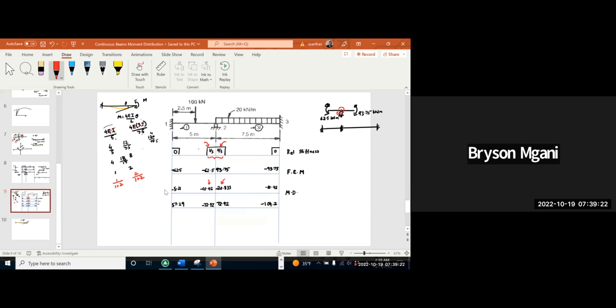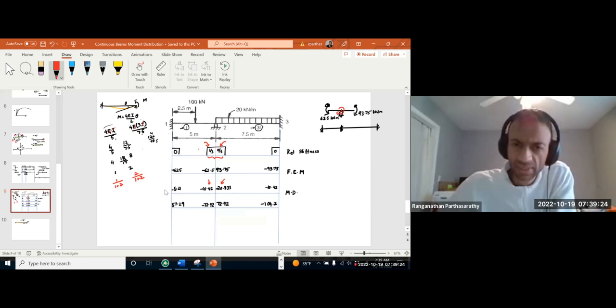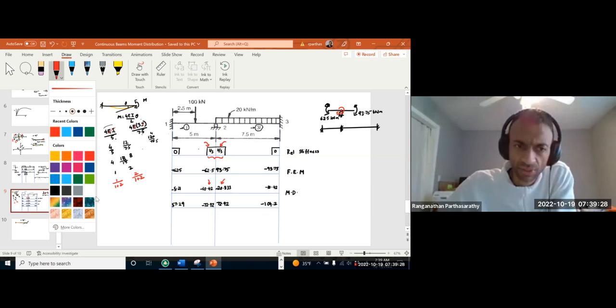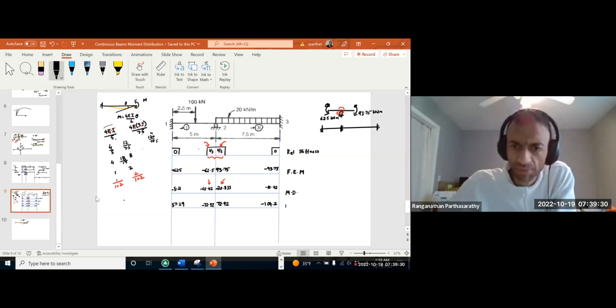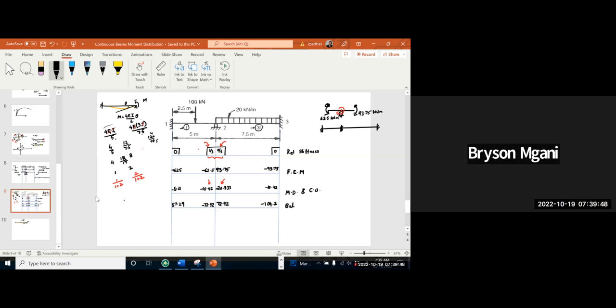So last line, we are again trying to see what is the balance. We have done one moment distribution and carryover, and now we are again trying to see the balance. We got equal already, so 0, no more unbalanced moment, right? So we don't need to balance anymore. We are done, right? Yeah, sure. Thank you.